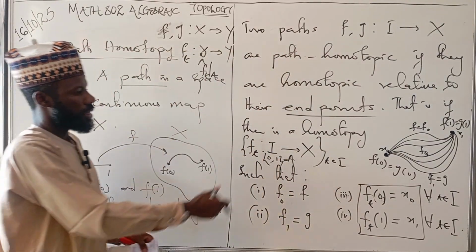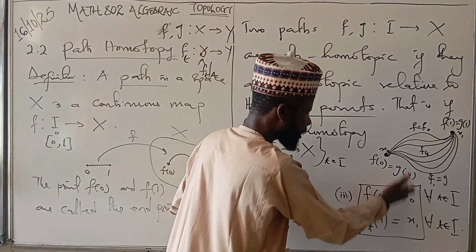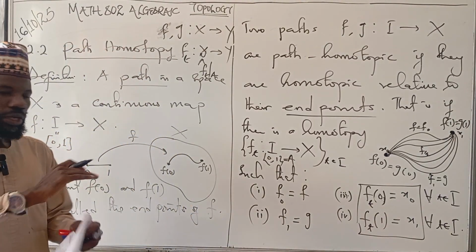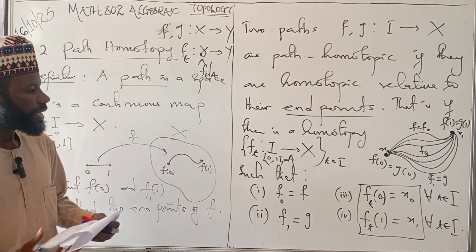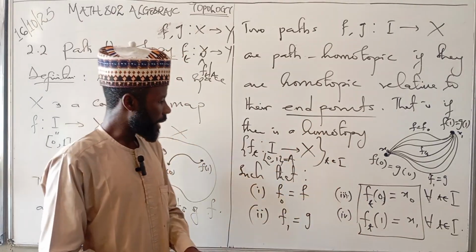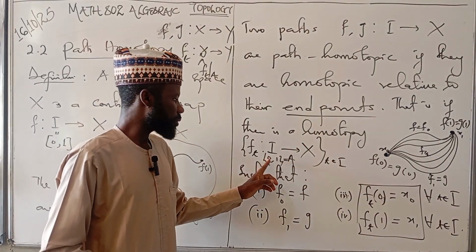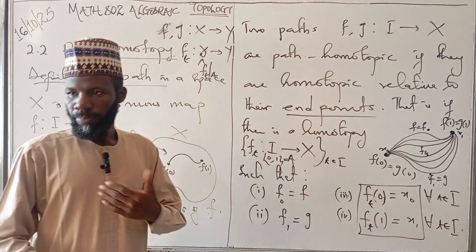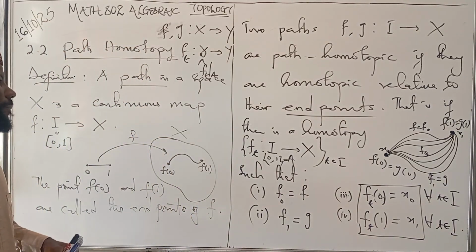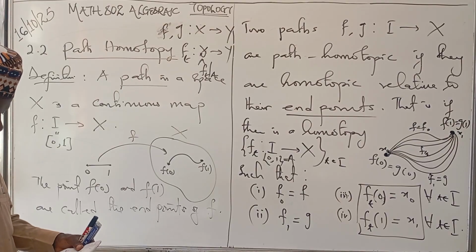So the mapping restricted to this endpoint is independent of the time. Then you now say it's homotopic relative to the endpoints, relative to 0 and 1. So this is when we say two paths are homotopic.